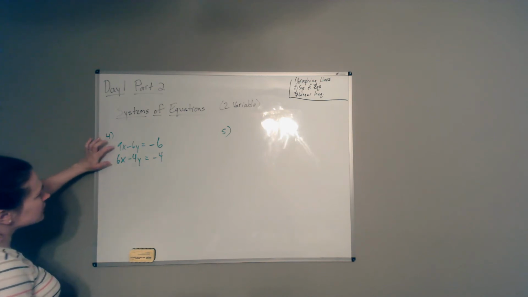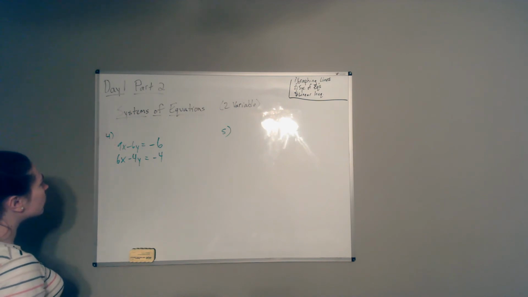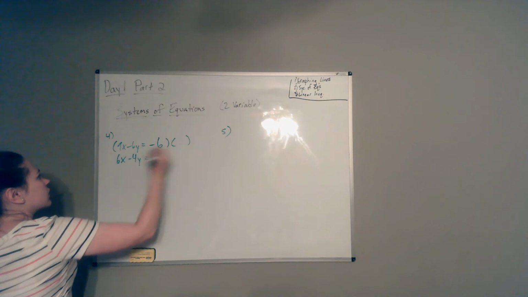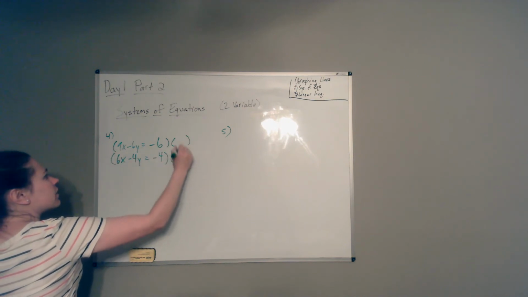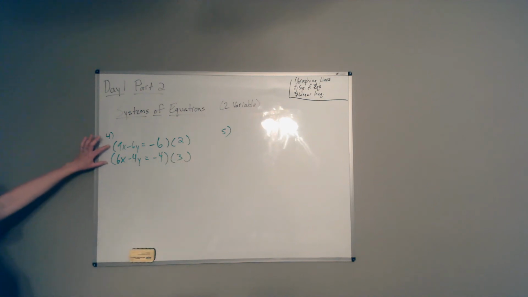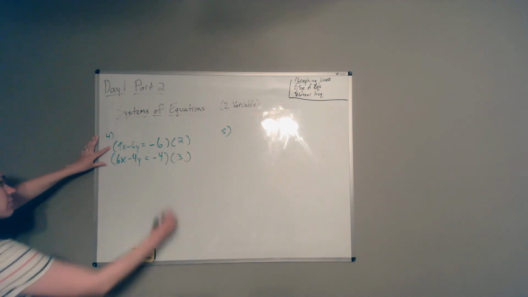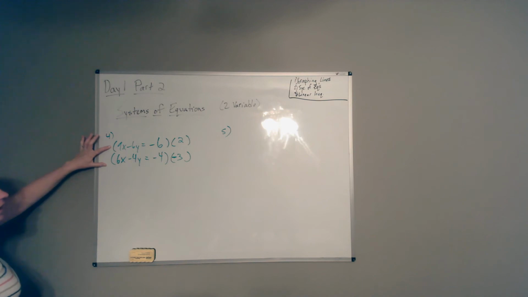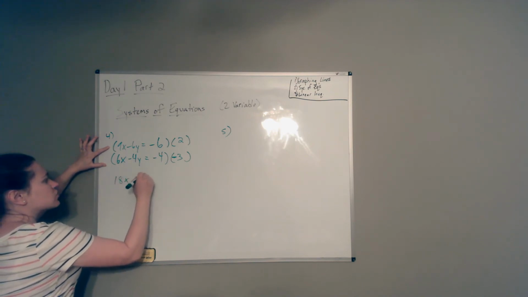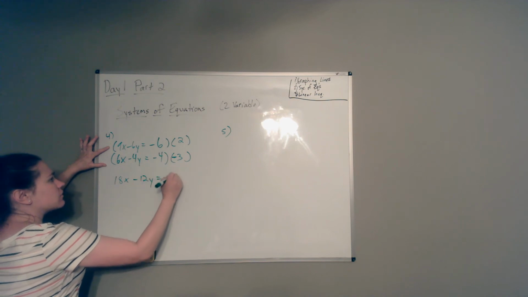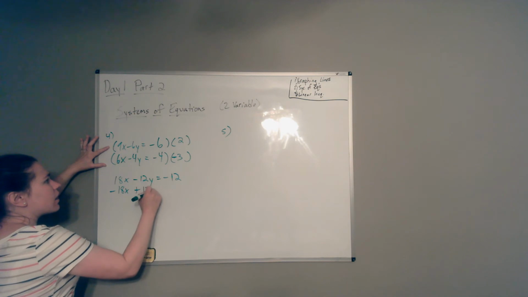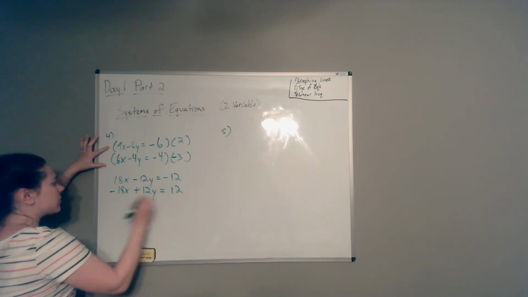I know 18 is a common multiple between these two, so I have to be careful here. If I multiply this by 2 to get to 18 and this by 3, the problem is they're both going to be 18, so I need one of them to be negative. So I'm going to pick that one to be negative. Doesn't matter which one. So this is going to be 18x minus 12y equals negative 12. Negative 18x plus 12y equals 12.